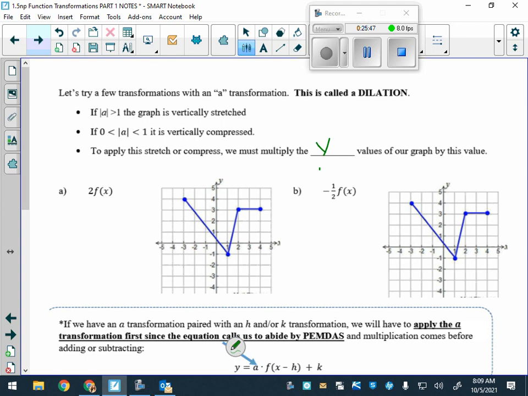Yep. Okay, this is a vertical stretch by 2. Okay? So that means, what are we doing? What's changing, x or y? Lucy? Y. So you're multiplying your current y values by 2.